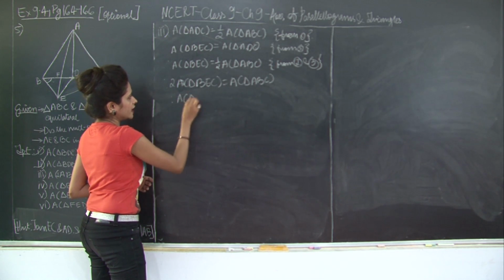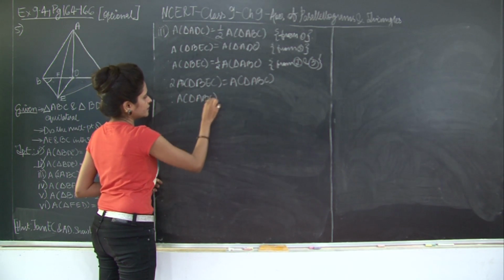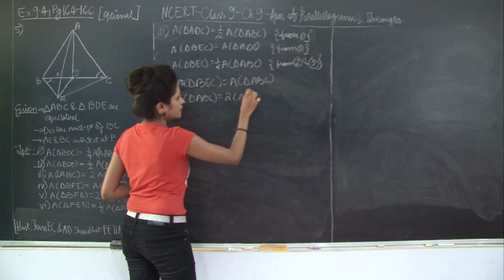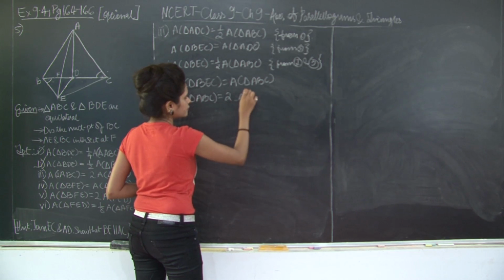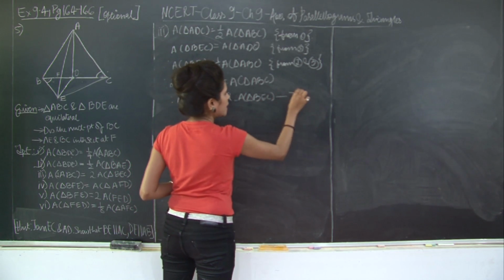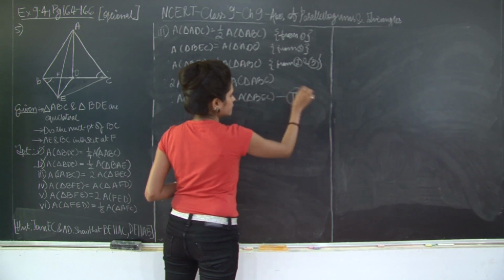Therefore, area of triangle ABC is equal to twice area of triangle BEC. I will mark this as Roman number 3, right.